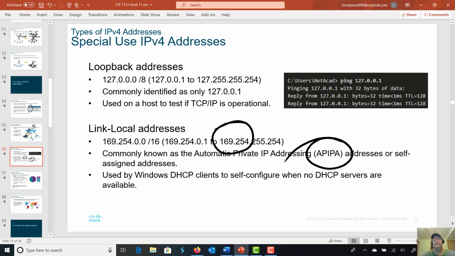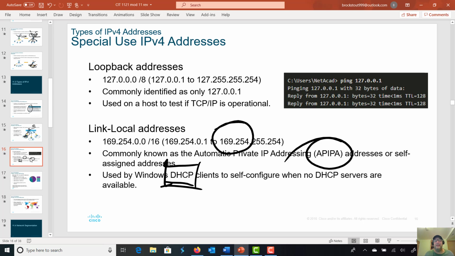APIPA addresses are addresses that are given to you if, for whatever reason, the interface that you connect to the network doesn't have an IP address configured by you, where you go in and type in the IP address, and it can't get an address automatically through an automatic addressing application like DHCP, which stands for Dynamic Host Configuration Protocol, and that's pretty much the product that you use when you've got a computer and you're going to join a network and you don't know the addressing scheme of the network.